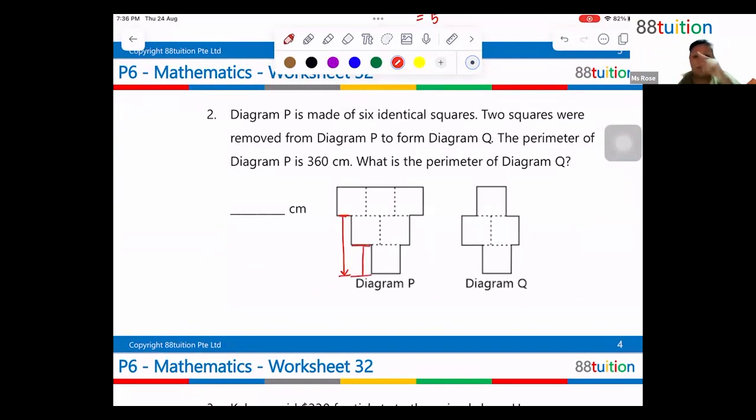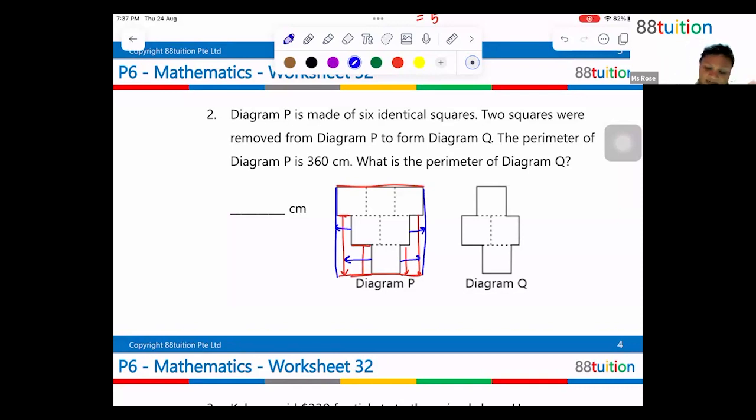You will get a complete line, so that this line and this line are the same. Do you remember that? Very good. So this one also, push it out, so you will get a complete figure.